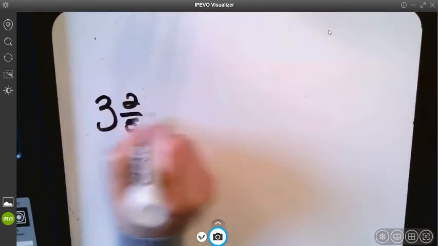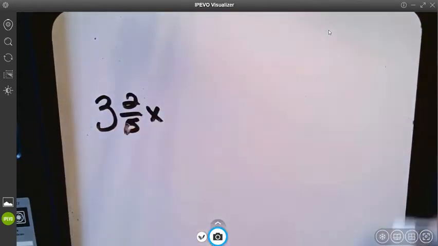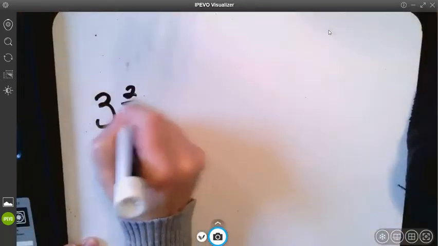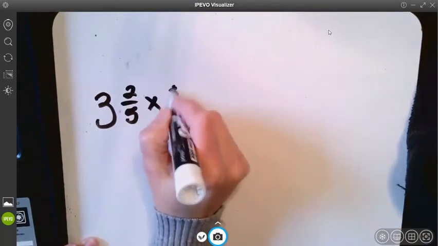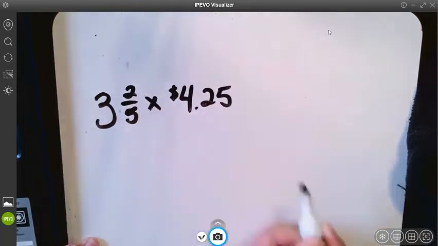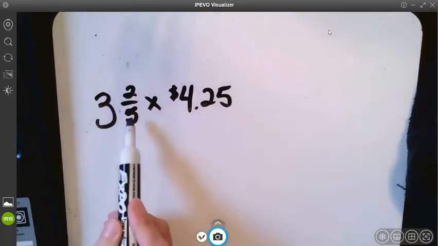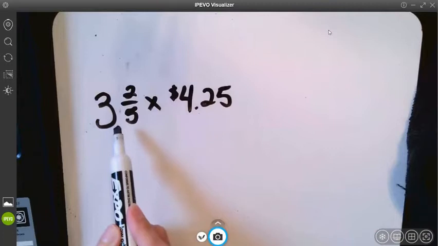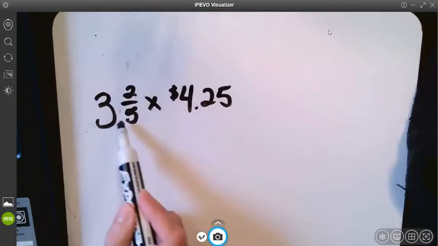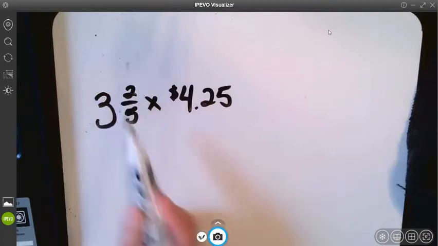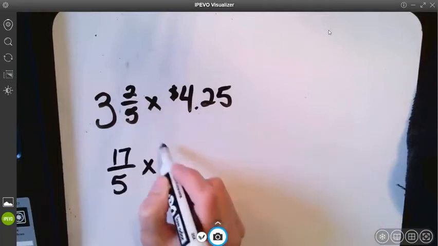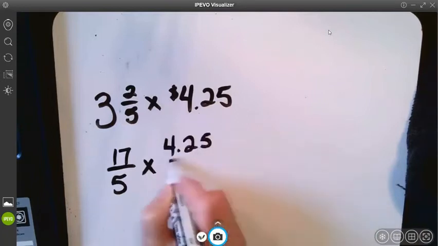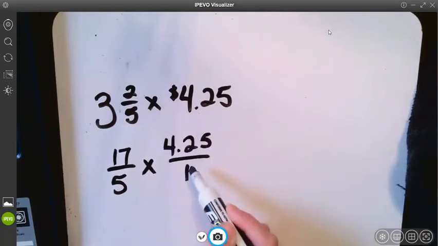So what we're going to need to do is make this number into an improper fraction. So we go 5 times 3 plus 2, 17/5 times 425 over 1.